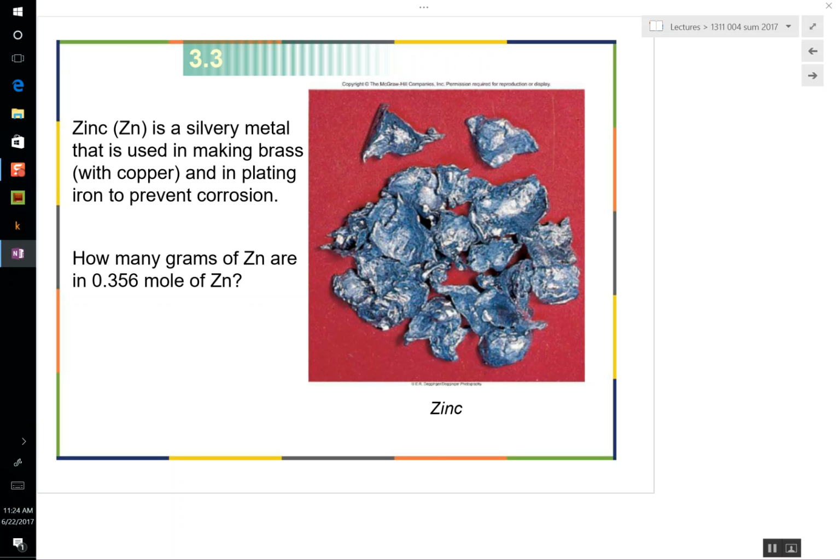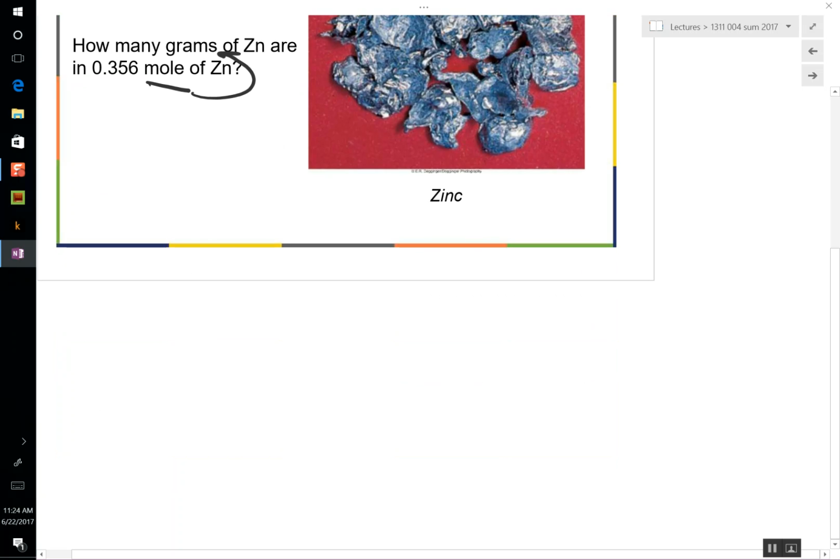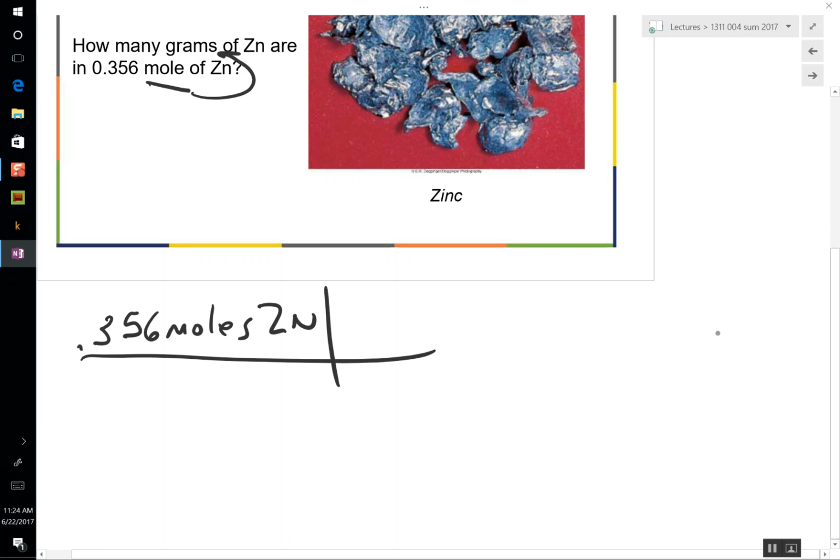All right, here's converting moles into grams. We've got 0.356 moles of zinc. We want grams of zinc. So I'm going to put moles down here.